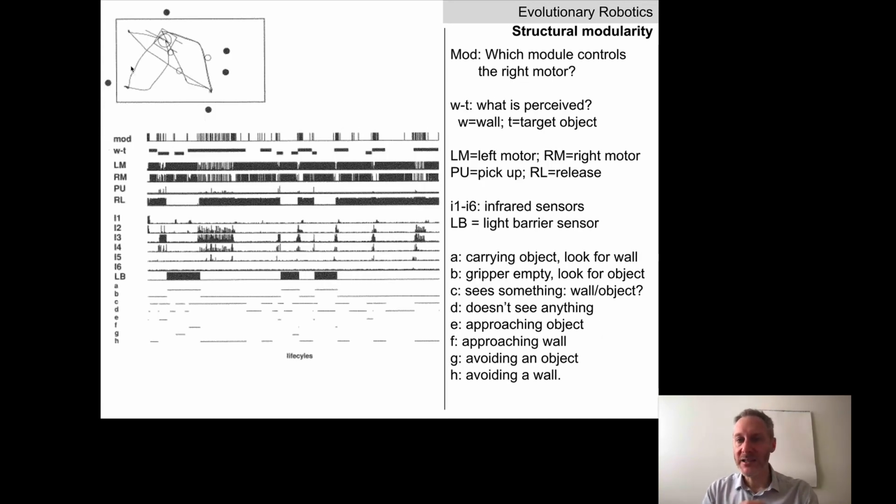Okay, so let's have a look at this evolved robot in action. Again, this is a very early experiment. They unfortunately did not take any videos of the robot operating in this case. The robot was placed in the arena at this position here, and this trace, this trajectory here reports the movement of the robot.